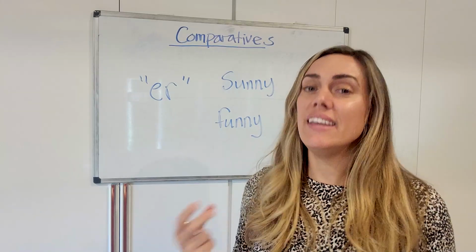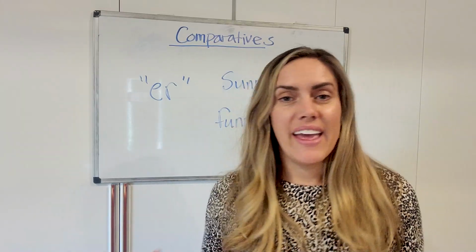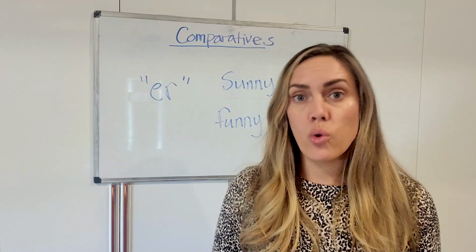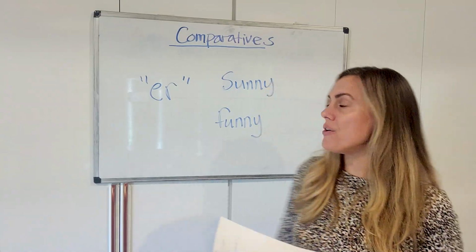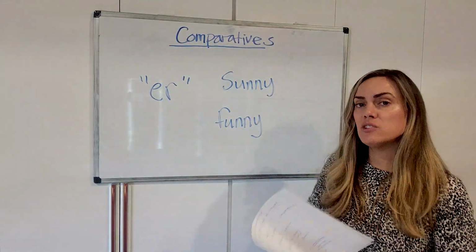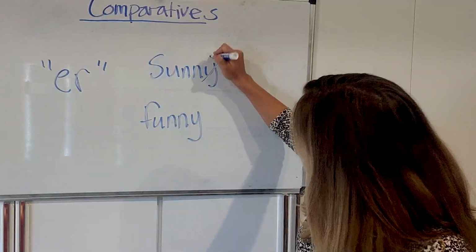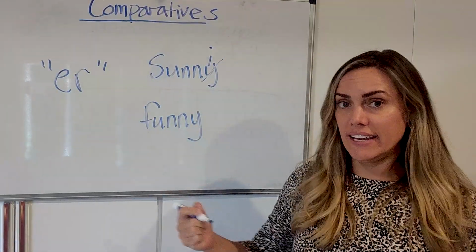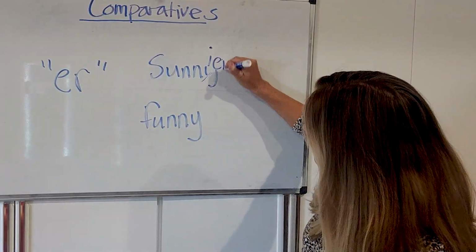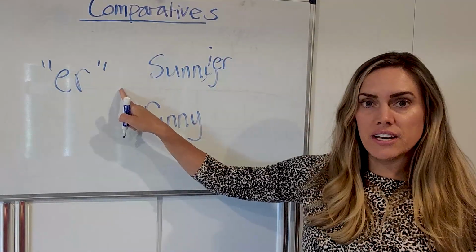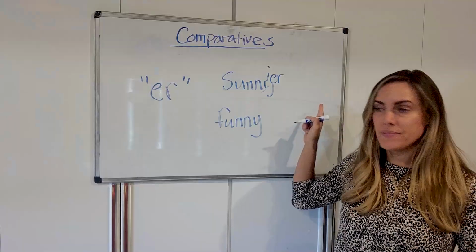I can say it is sunnier in California than it is in Norway. And to write that out, what I need to do with this Y is take it away and add an I. And then add ER. California is sunnier than Norway. Funny.